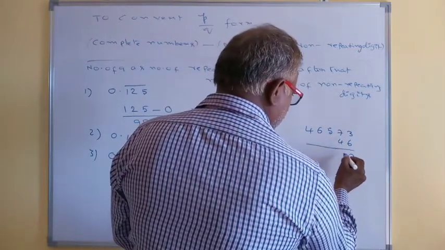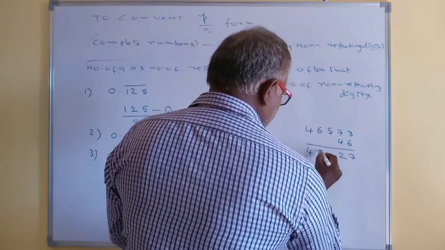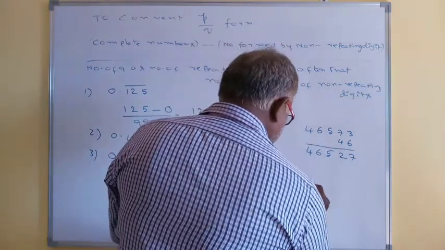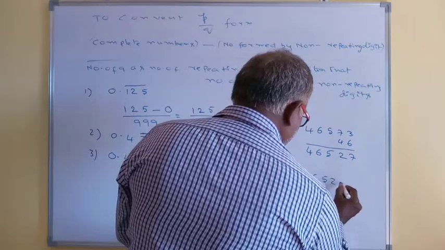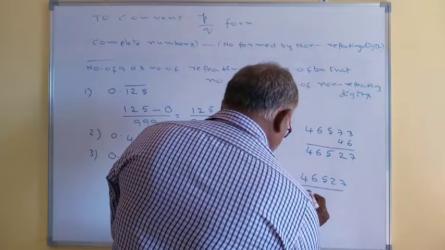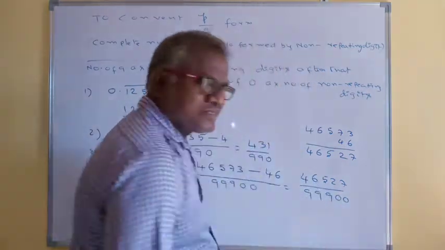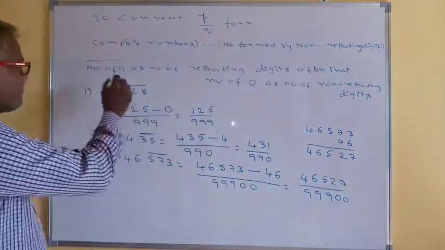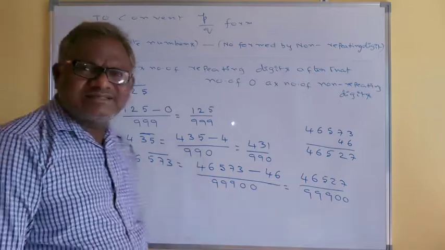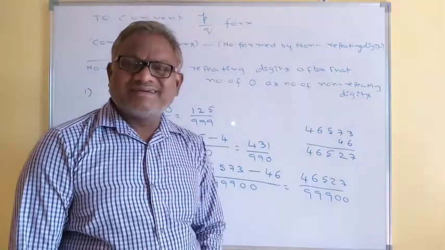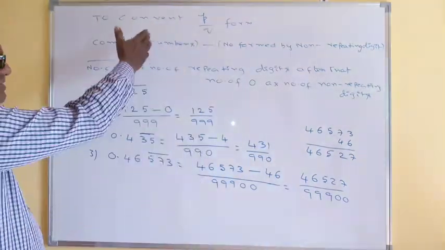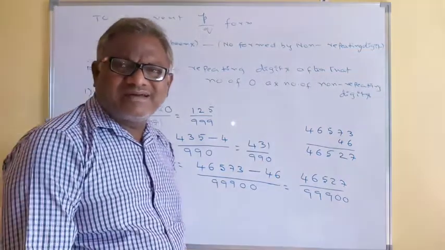Here 6 minus 4, 2. So 46,527 by 99,900. So for any problem, if you do like this, it's very easily comfortable. Especially in competitive exams, you have to utilize this formula. Okay?